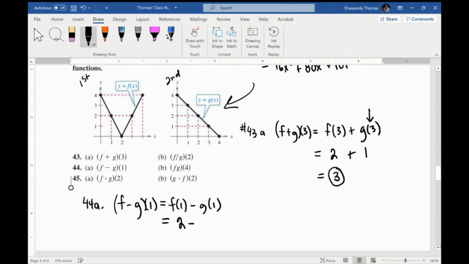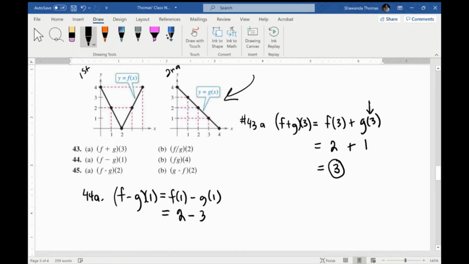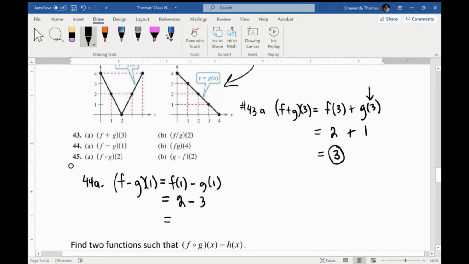When x is 1, what is y? 3. This is the point right here. 1, 3. All right. So 2 minus 3 is -1.